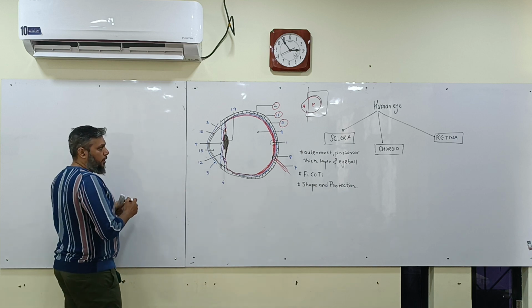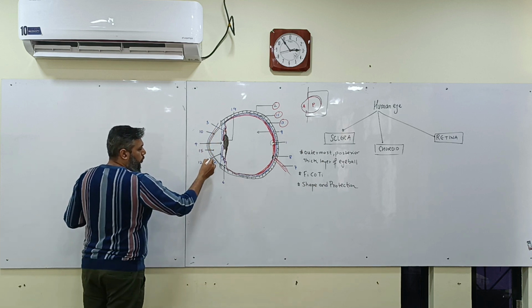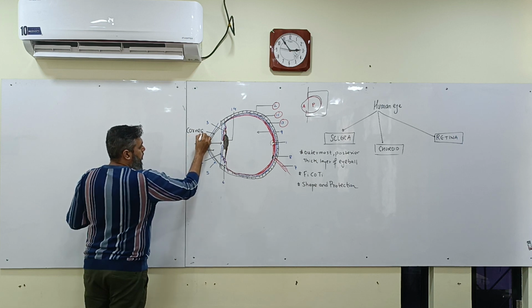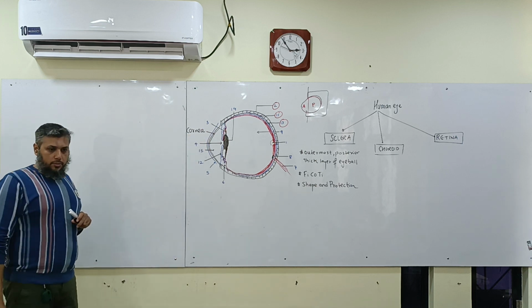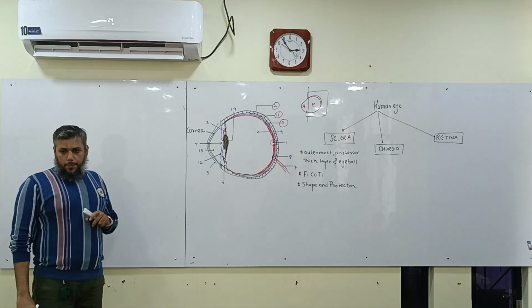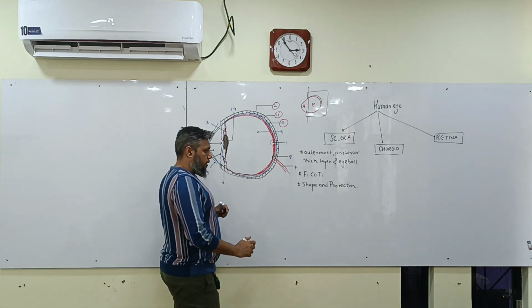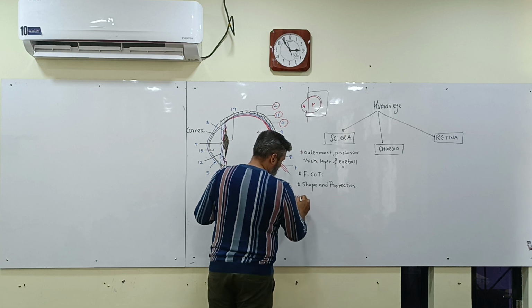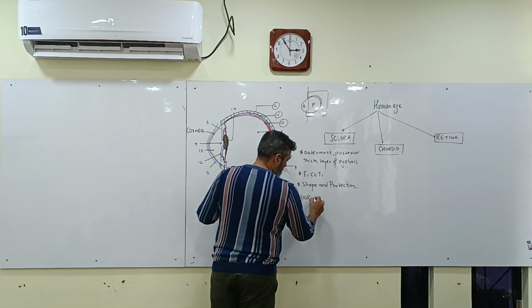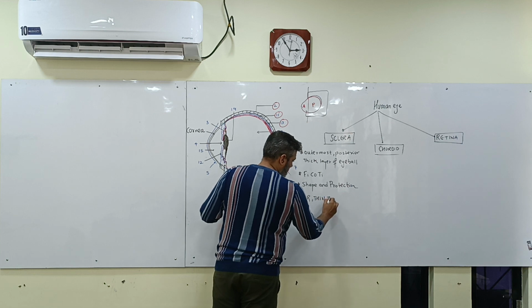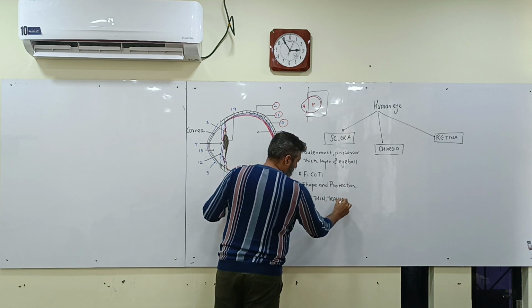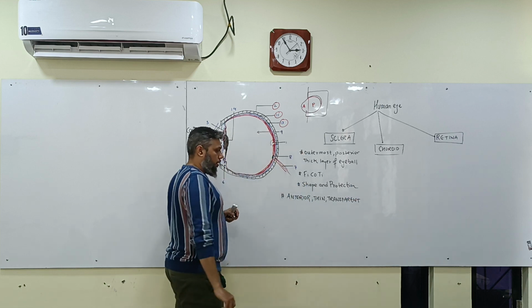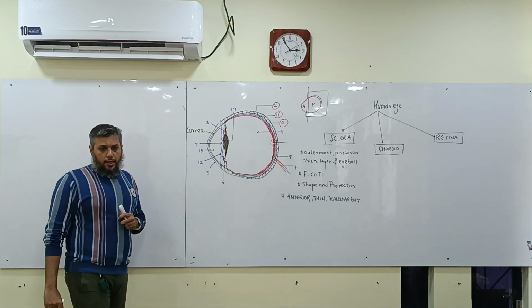So the cornea is the front, thin and transparent layer of the sclera.